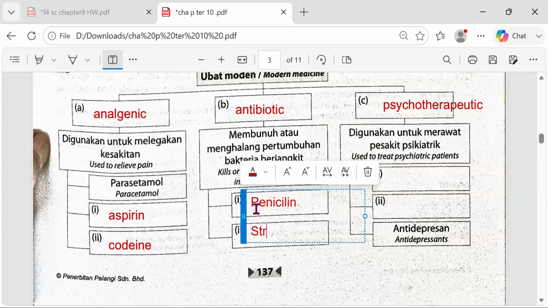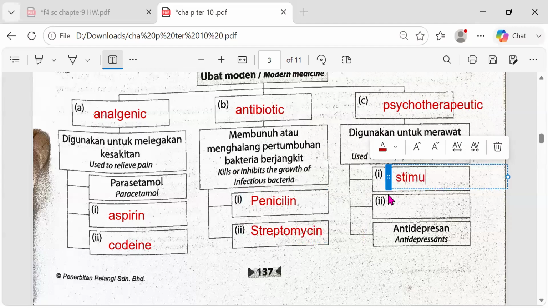Of course, there are other types. There's stimulant to make you wake up and antipsychotic to make you calm down.